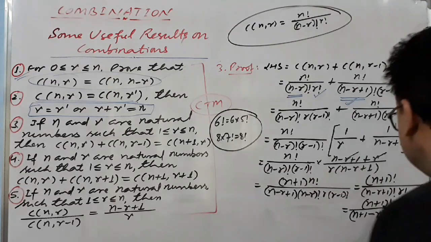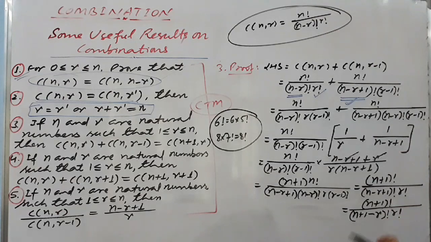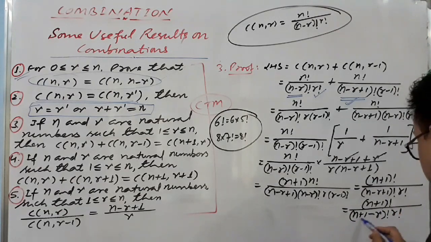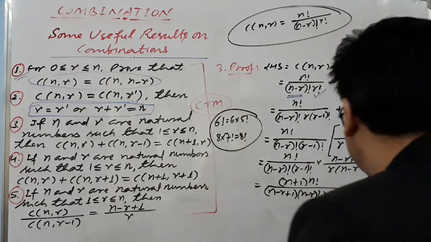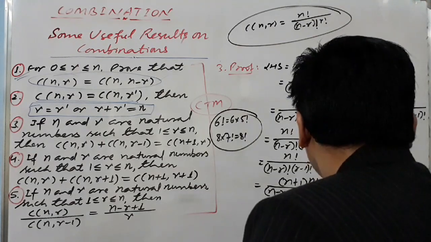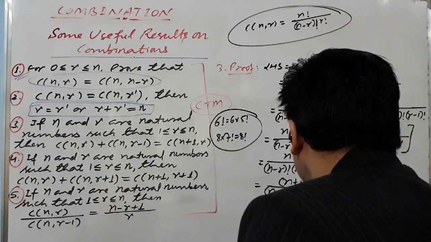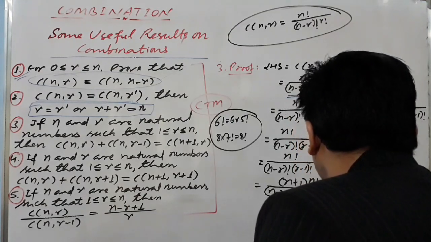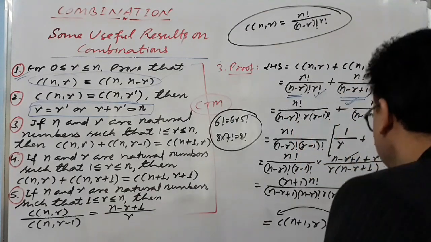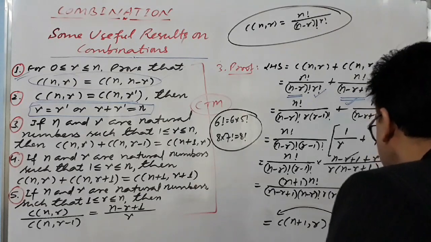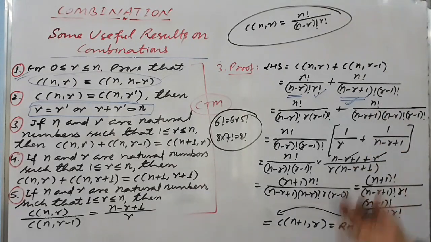Now you can understand, here n plus 1, here also n plus 1, this is r, here is r. Now we can write C of n plus 1 comma r, which is your right hand side. This way we can prove.